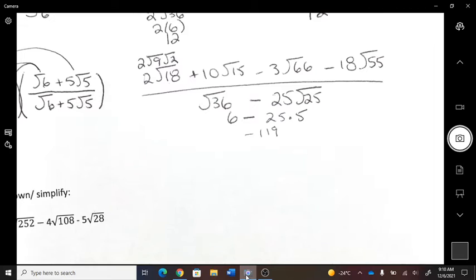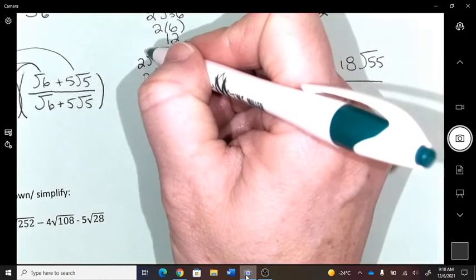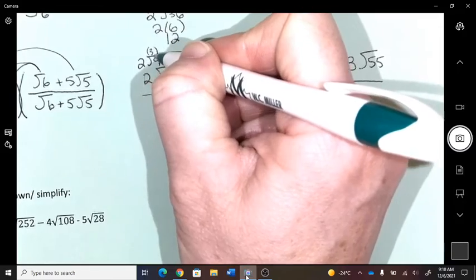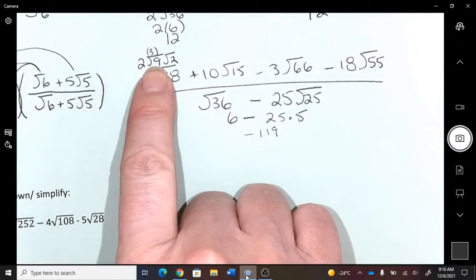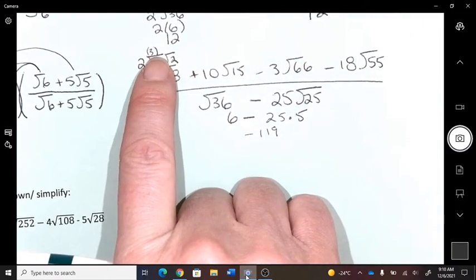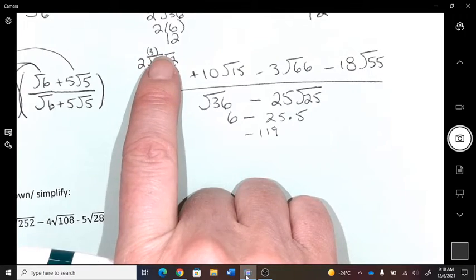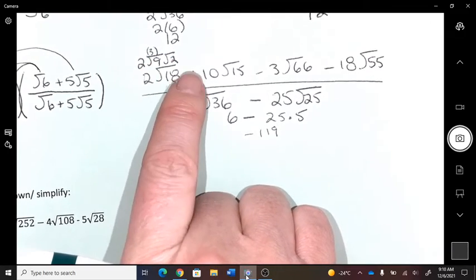Instead of 18, I'm going to change it to root 9, root 2. Root 9 is really the number 3, so this is going to be 6 root 2.